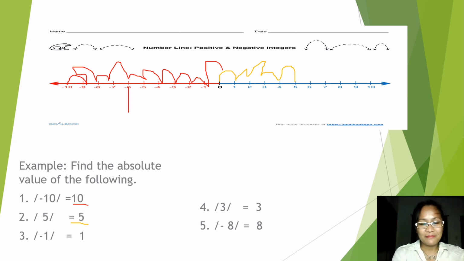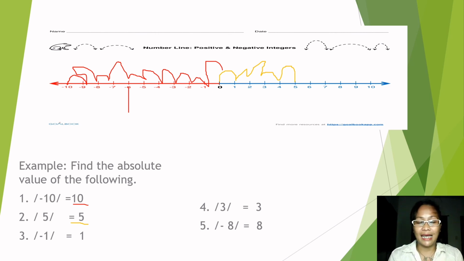Okay? Okay, so ulitin lang natin, wrap up. Ano ang relasyon ng number line, absolute value, and integer? So, ang number line ay isang straight line na kinabibilangan ng mga numbers, positive and negative numbers, including ang 0. Na ang 0 ay ang center point nila.